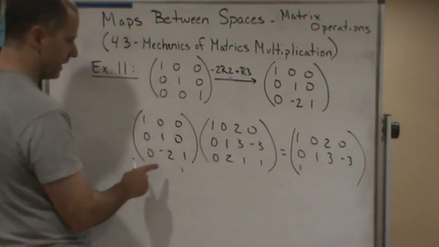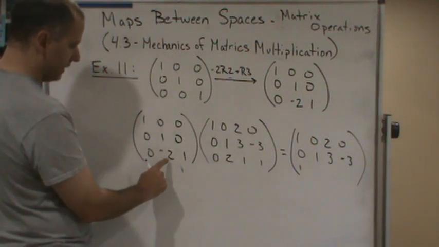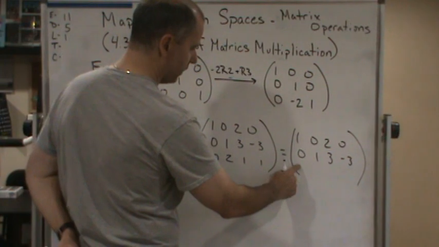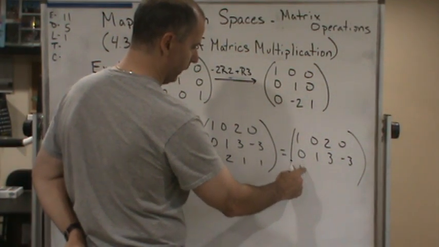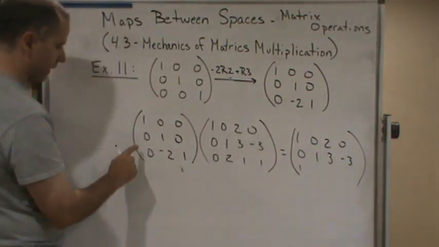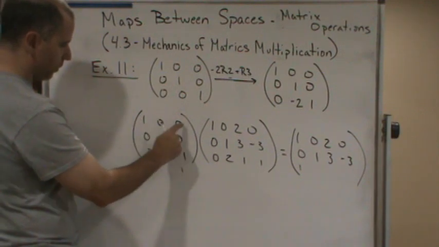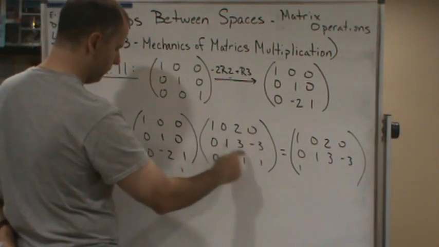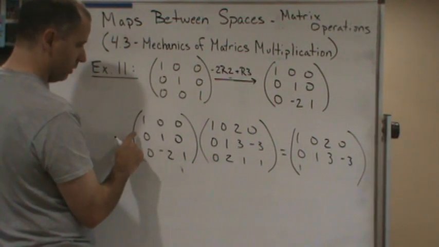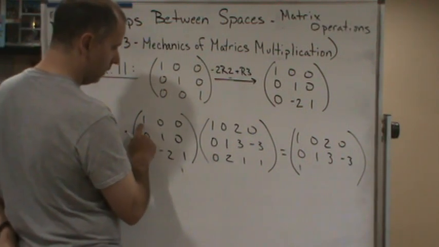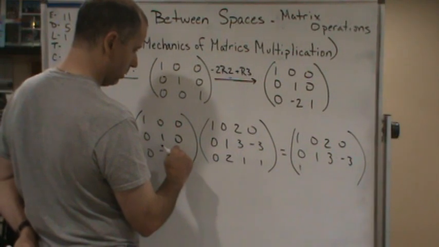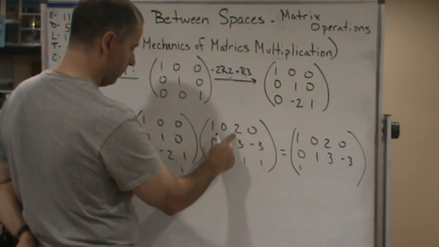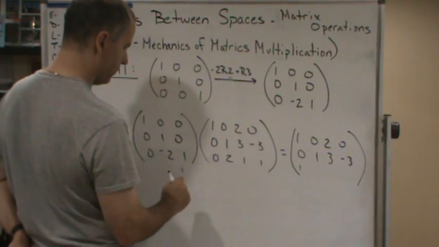And you can see that by just saying, okay, if I take this one here, this is 1, 3. If I take first row times third column, I get 1 times 2, and the rest are 0.